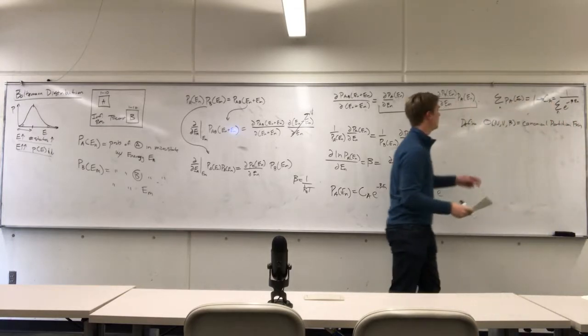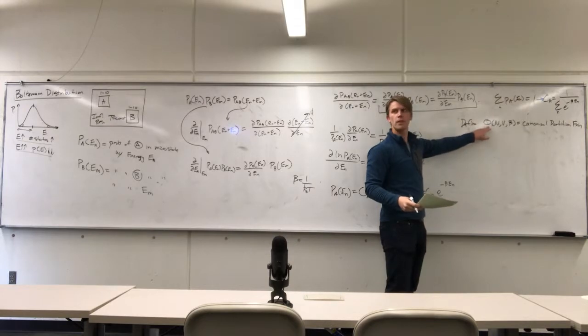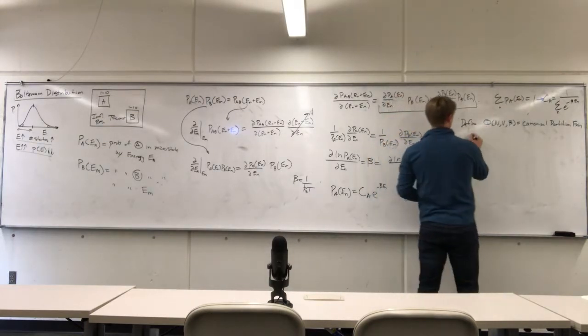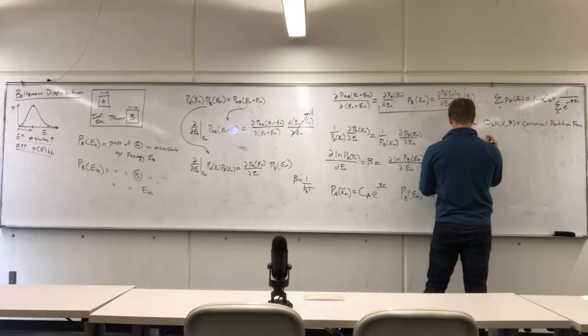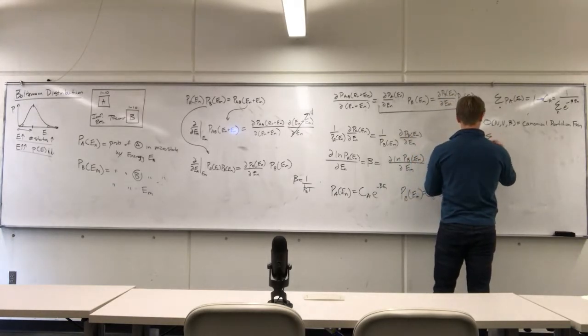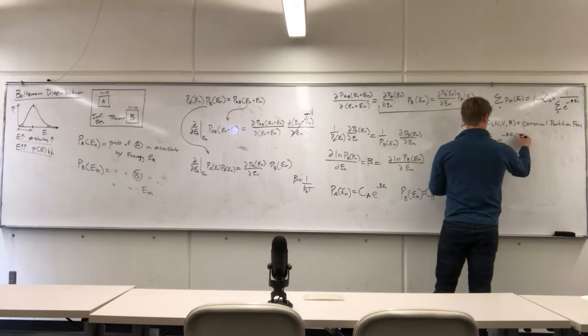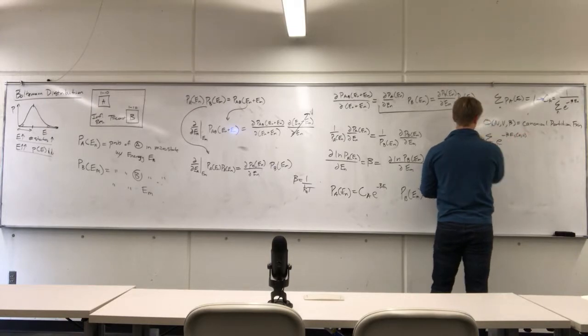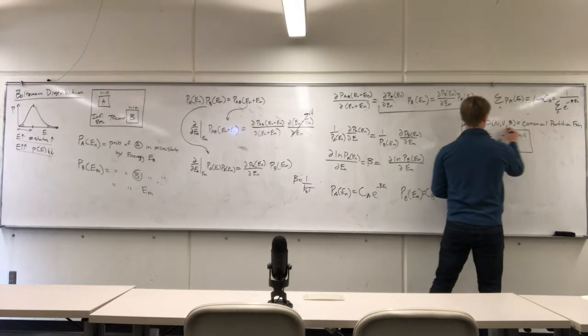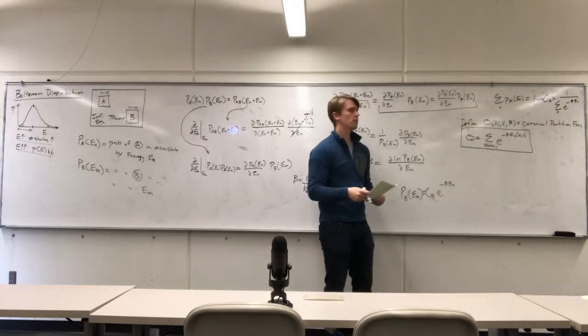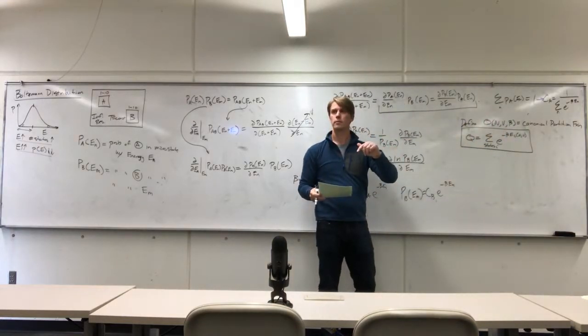We define this function called Q, and we call it the canonical partition function. The canonical partition function is equal to basically the denominator.